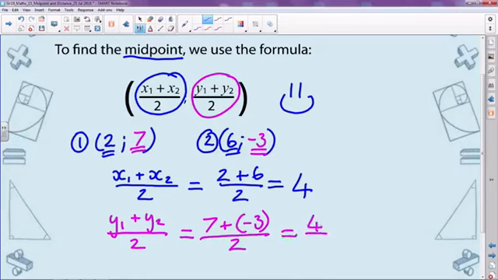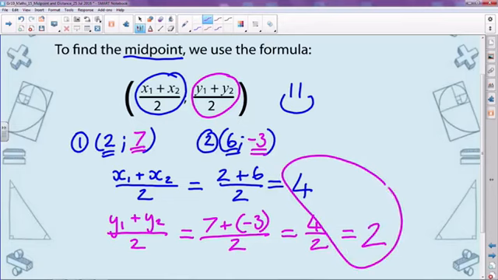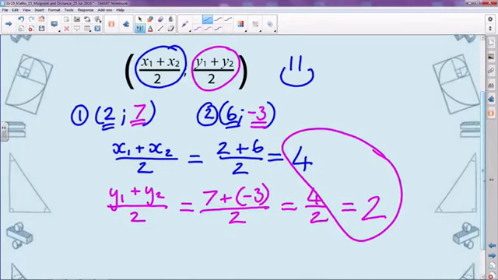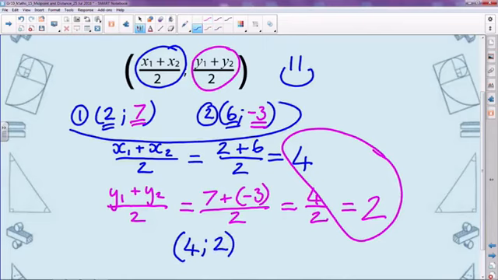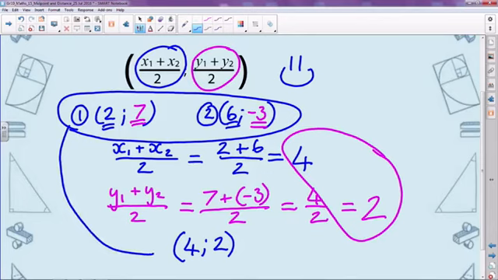And that means I've got 4 over 2, which gives me a final answer of 2. Now, have I finished the calculation? Not really. If I needed to find the midpoint, I should write it as an answer of the midpoint. So the midpoint between these 2 points is actually (4, 2).